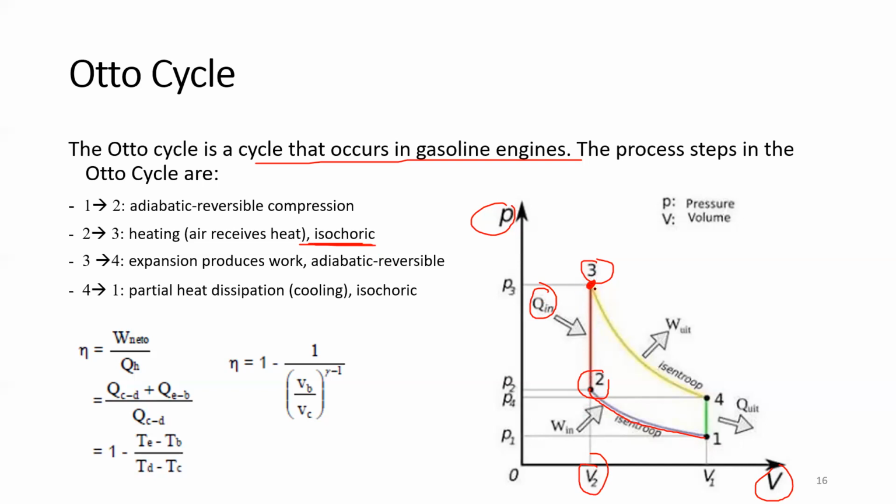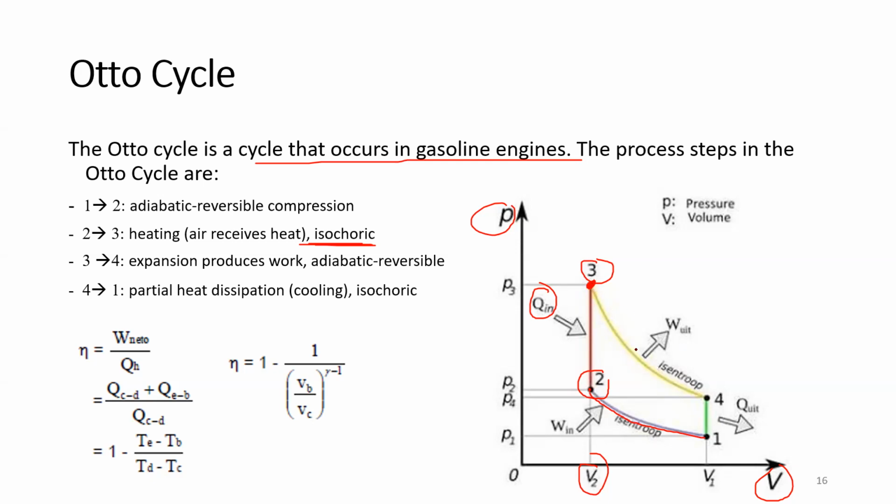Okay, so going to step number 3, from point 3 to 4, the thermal energy in the chamber as a result of the combustion is used to do work on the piston, which pushes the piston down and increases the volume of the chamber.